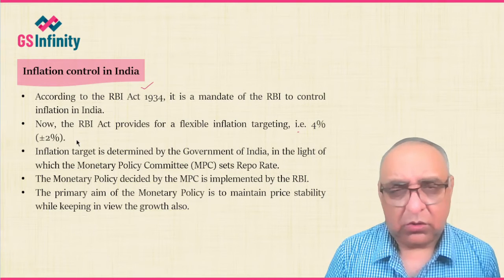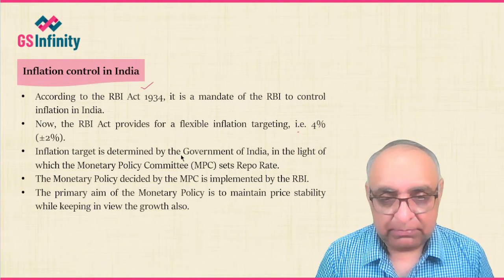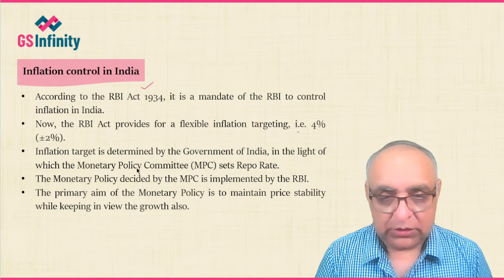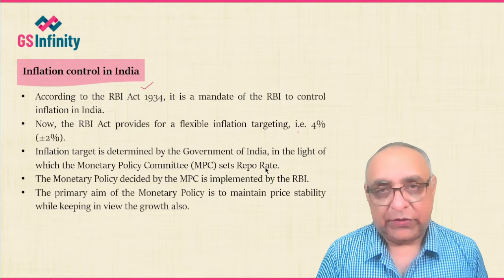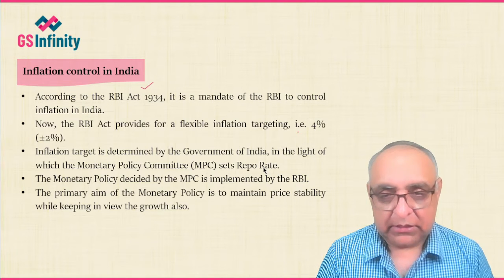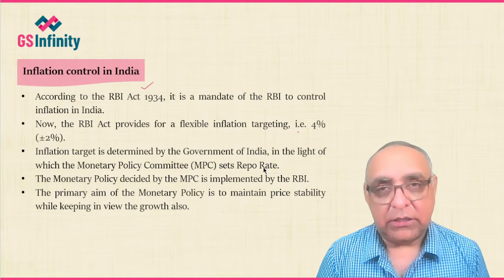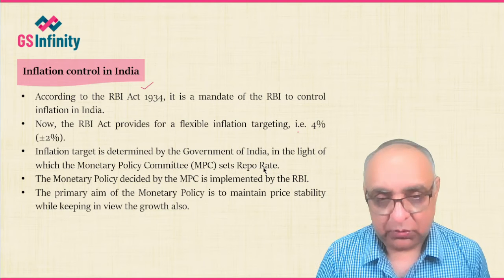I think all of you know about it. The inflation target is determined by the Government of India, in the light of which the Monetary Policy Committee sets the repo rate. The Government of India determines the inflation target and conveys it to the Monetary Policy Committee. In the light of that, the Monetary Policy Committee determines the repo rate.